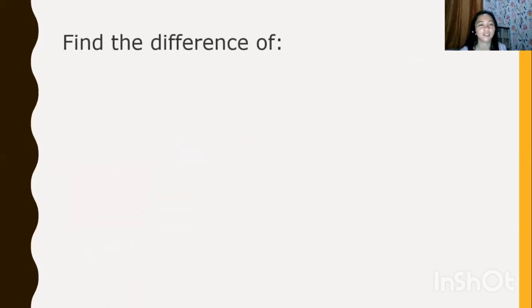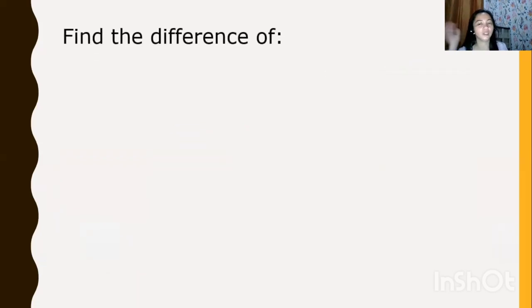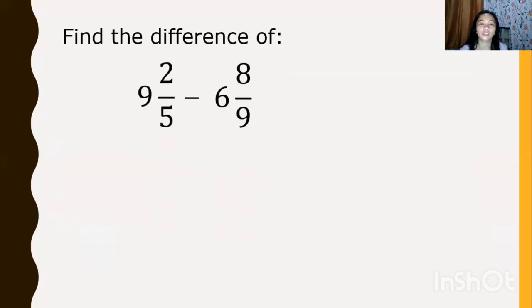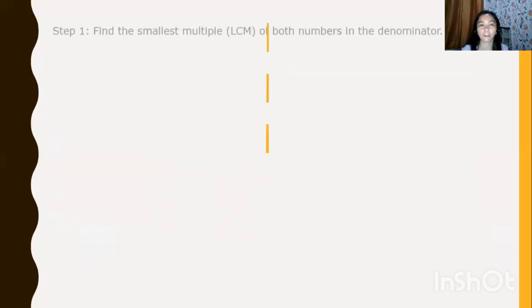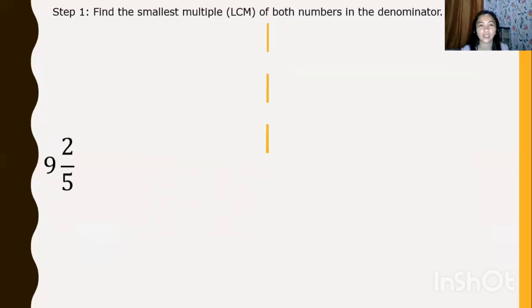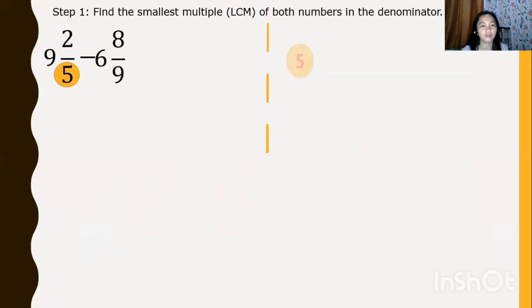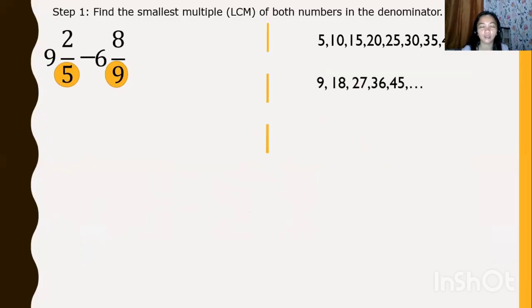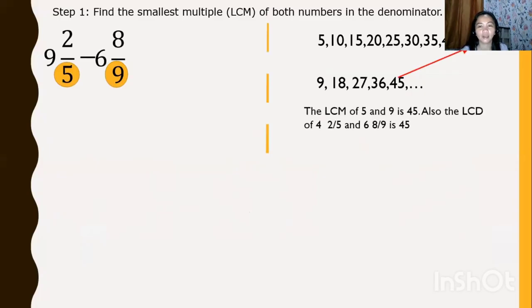Okay, next example. Find the difference of 9 2/5 minus 6 8/9. First is to get the LCM of the denominators, which are 5 and 9. So we have the multiples of 5 and the multiples of 9. What is common between them? That is 45. The LCM of 5 and 9 is 45.